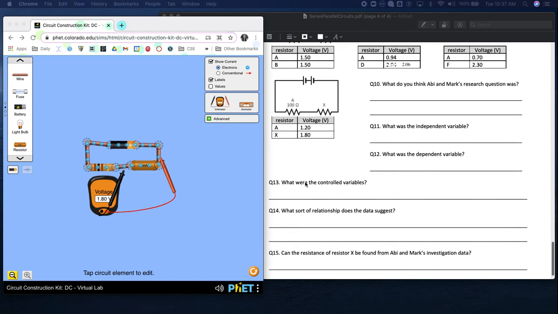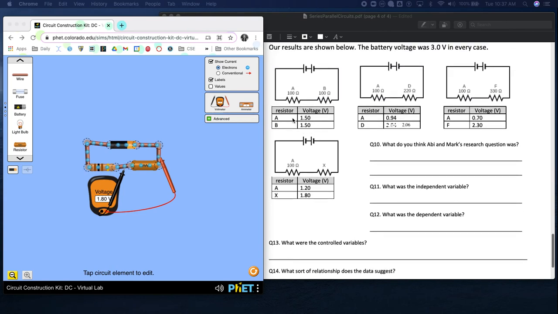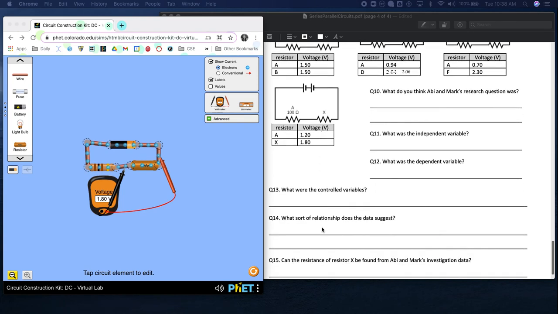Okay, what sort of relationship does the data suggest? Now, if you notice something, when we add these together, how many volts are we getting? And these, and these. Every single time we have 3 volts because that's how much our battery is putting out, okay?